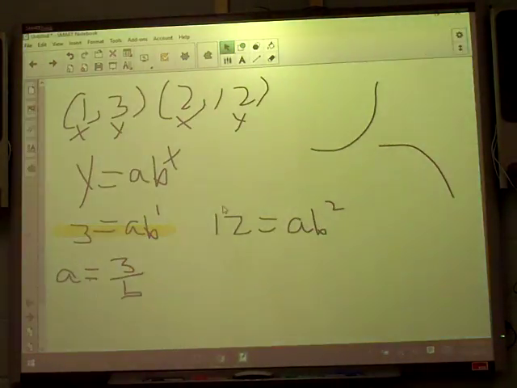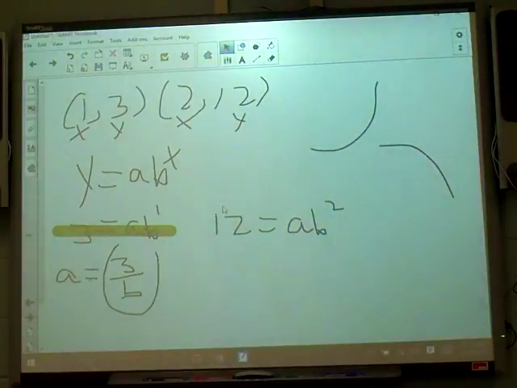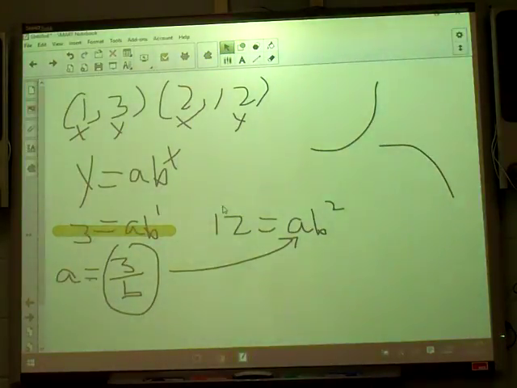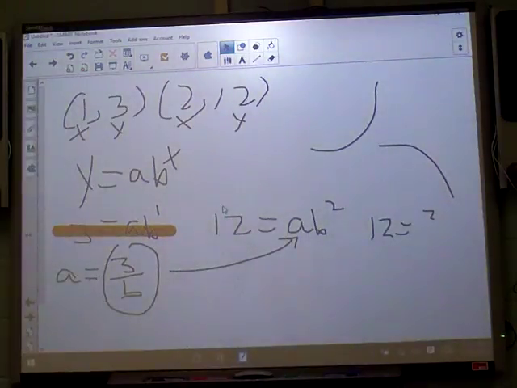Now comes the real fun. If that's what a is, I should be able to substitute it in for the a in the other equation. So now in my other equation, I'm going to have 12 equals, instead of a, 3 over b times b squared.